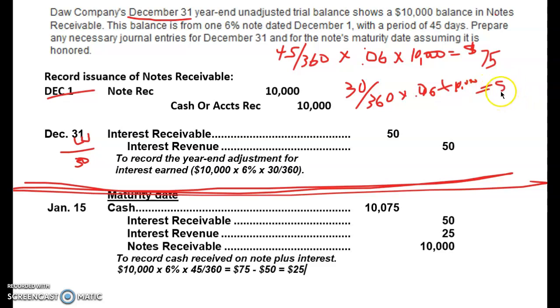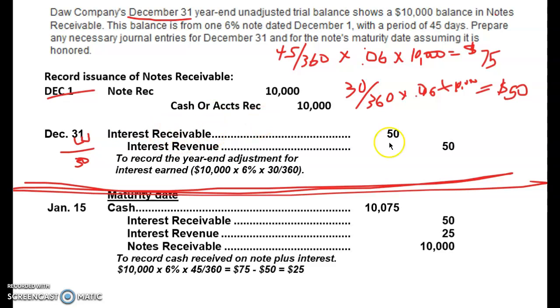I just can't do it right on the mouse. This is 50. Pause the video. Make sure you get 50. Make sure you get 75, because those are key. Those really are key.